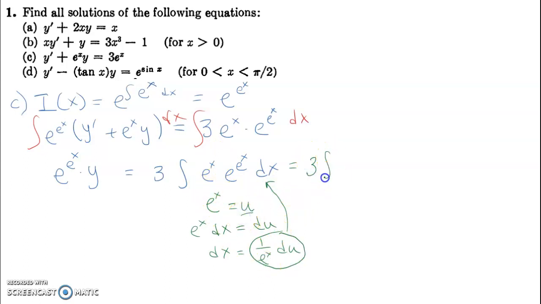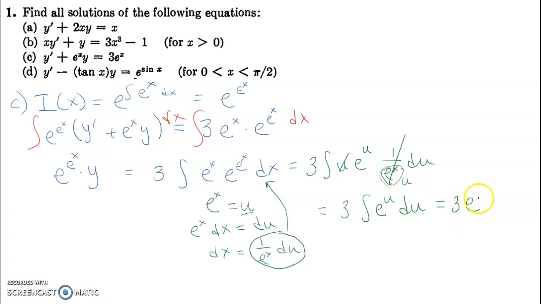Alright, so let's plug this in place of our dx, and whenever we see e to the power of x, we can plug in u. So we have 3 integral of u e^u, and dx is 1 over e^x du. This is equivalent to u, so we know those two things will get cancelled out nicely, so we have 3 integral of e^u du. This is going to give us 3 times e^(e^x) plus c.